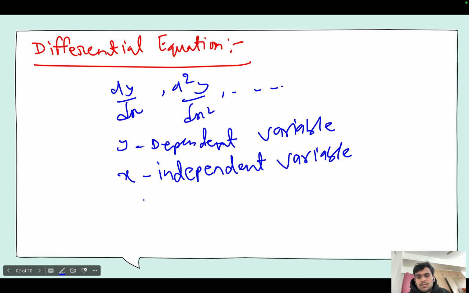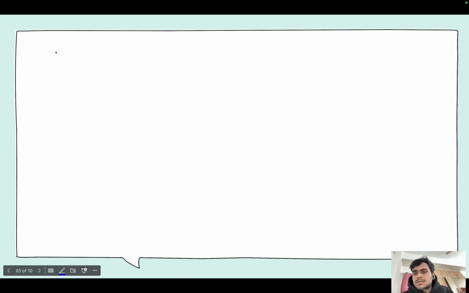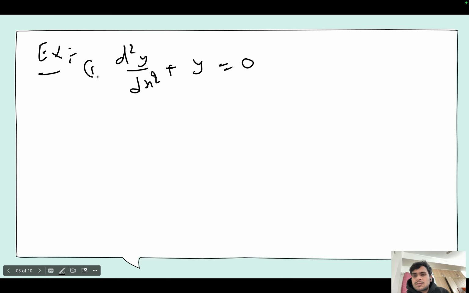Okay, so let me give you some examples. Let me take an example like d2y by dx2 plus y is equal to 0. Another example, dy by dx plus y square is equal to 0.